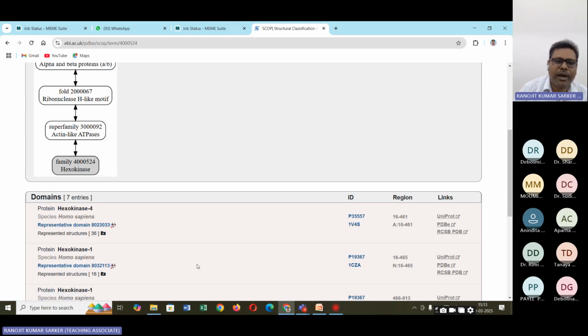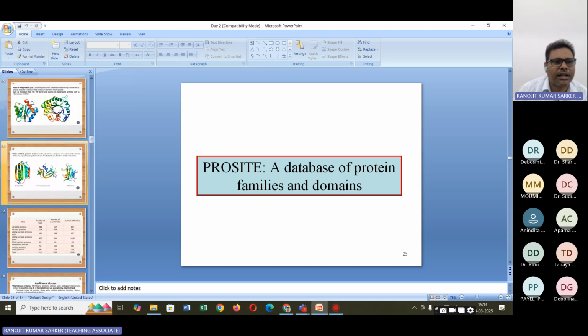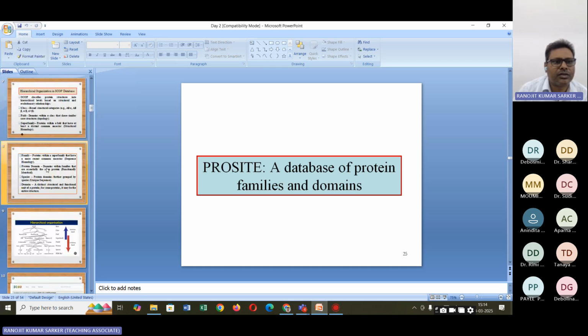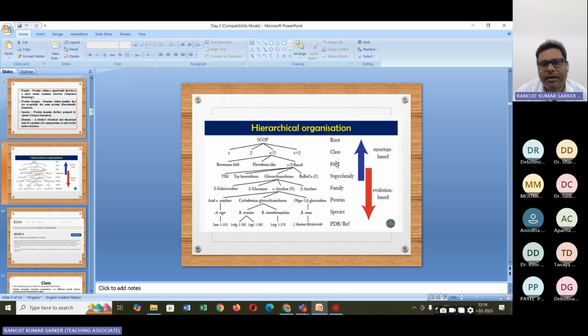If you go back to the structural hierarchy, you see that under the family there are so many classes. This is the family. Under the family there will be so many proteins, and one protein can be present in several species. I hope this is clear.